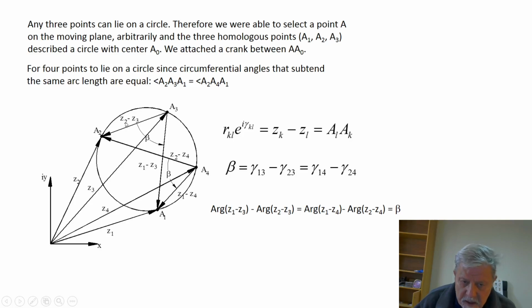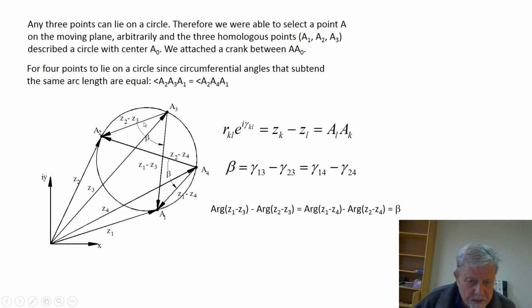Now, these four vectors, such as Z2 minus Z3, are complex numbers. A complex number can also be expressed in polar form as R_kl, a magnitude, times e to the i gamma_kl, an angle, gamma_kl being the angle made by AlAk with respect to the positive x-axis.